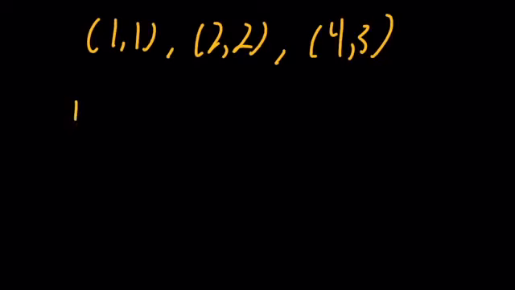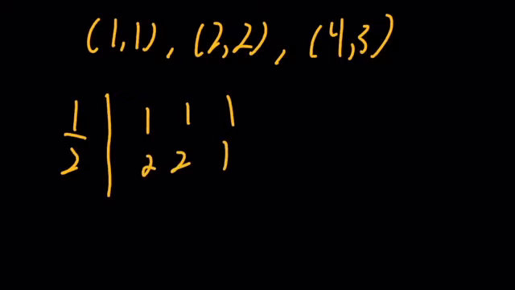So it's 1/2 times the determinant of x1, y1, and 1, which is 1, 1, 1. And the second row is x2, y2, and 1, which is 2, 2, 1. And the third row would be 4, 3, 1. Let me just fix that up right here.